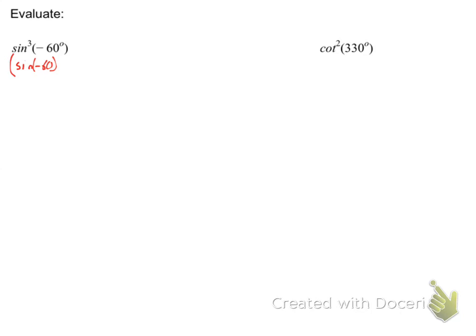But then they're going to sit there and place an extra set of parentheses. See how this could get confusing versus the other way. I avoid that by putting the 3 on as a power on sine versus on the outside of parentheses. But really, this is what's going on. Because now, all I have to do is evaluate what's sine of negative 60, and then cube it.